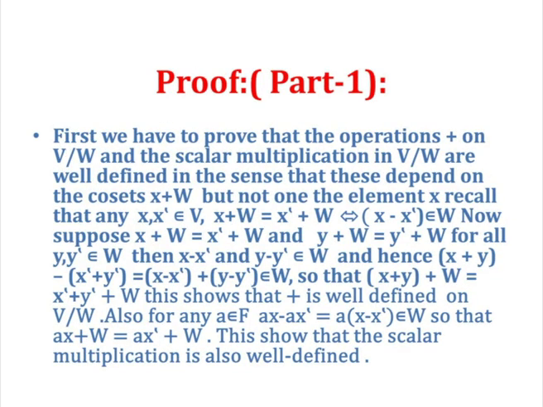First, we have to prove that the addition on V/W and the scalar multiplication in V/W are well defined, in the sense that these depend on the cosets x + W, but not on the element x.